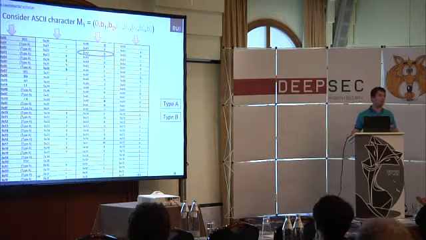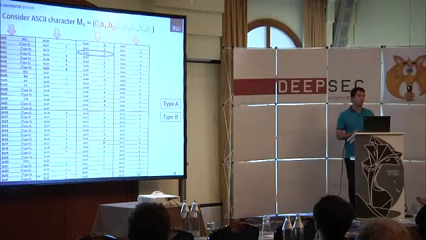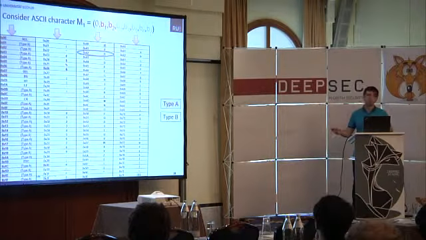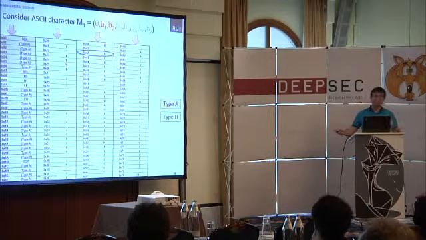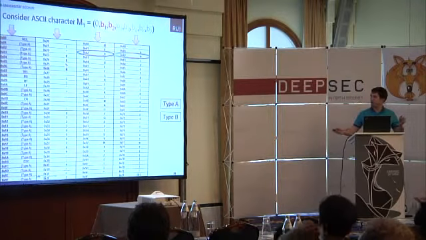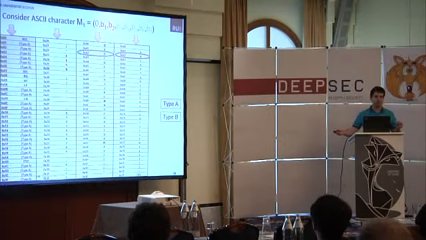And now I can ask you, what happens if the attacker can flip a bit and he flips bit 2? Yeah, so if we flip bit 2, exactly, then we move to the right. If we flip bit 1, we jump to this column, and if we flip bit 2 again, we jump to this column.